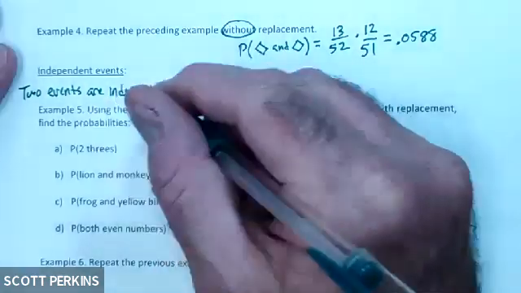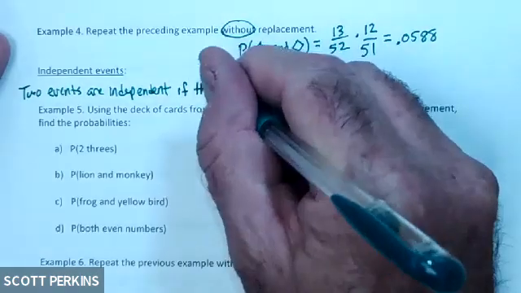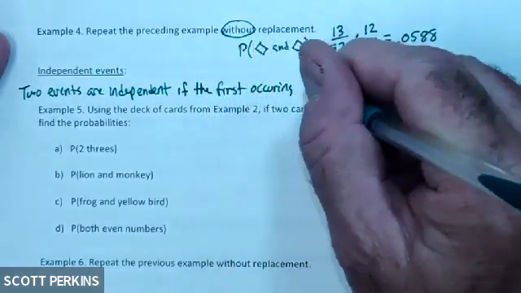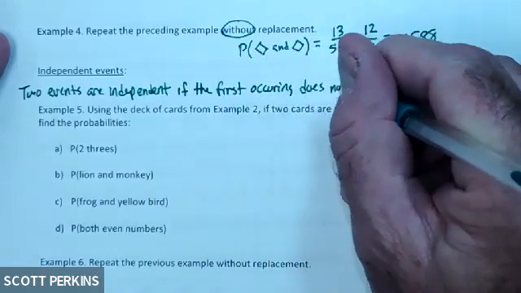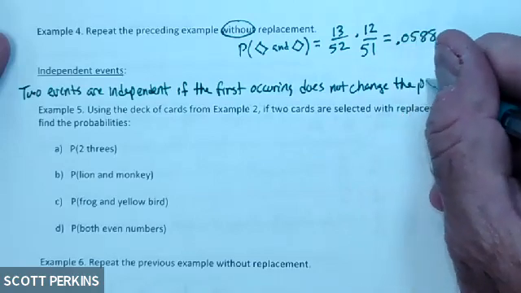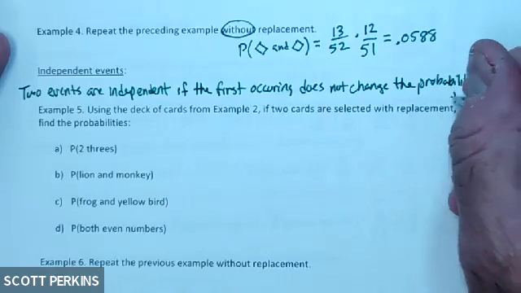Okay? So 2 events are independent if the first occurring does not change the probability of the second.